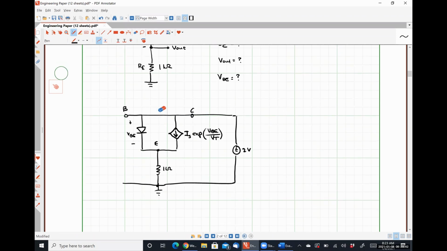Between the collector and the base, I have a 10 microamp current source directed from the collector to the base. Does anybody have any problems with this as my large signal equivalent circuit?